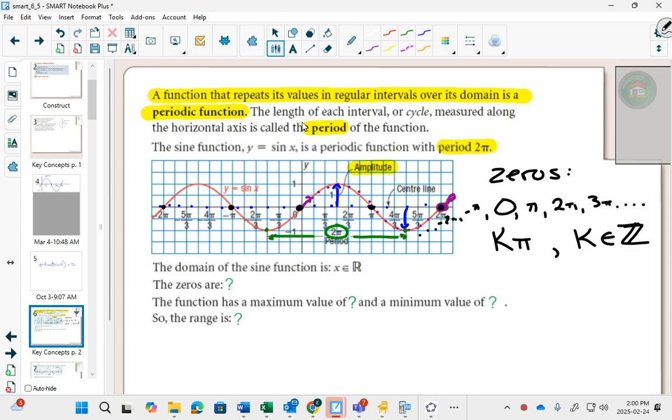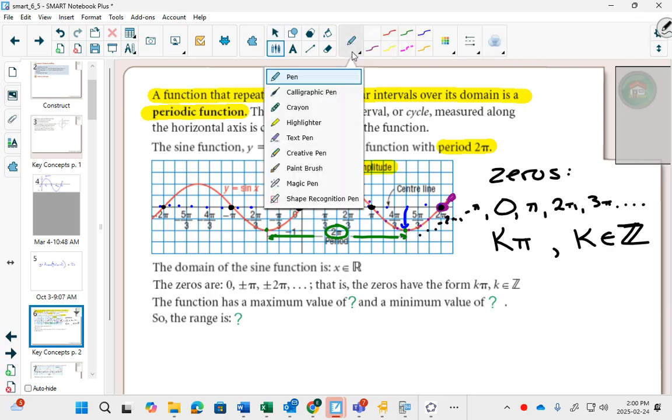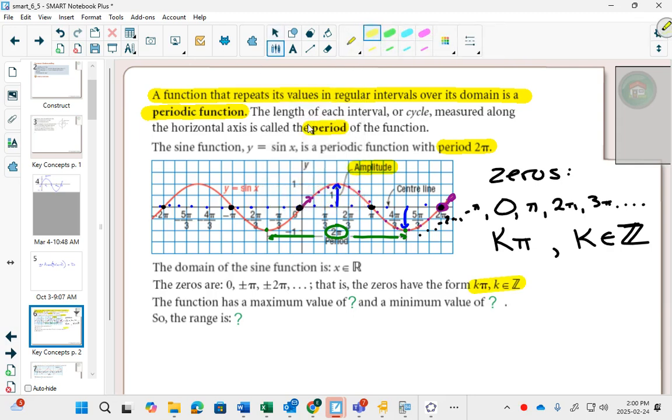So we say as long as k is an integer, Z is the symbol for integer. It comes from the German word for number, which starts with Z. So those are the zeros. And we can write them in this form.